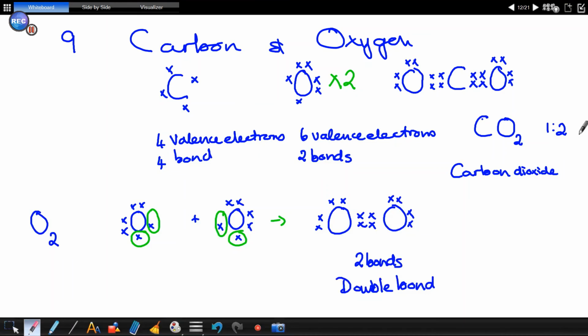Because you see, you can't learn the formulas of all the compounds off by heart. It's too much. So now I'm teaching you the skill. Carbon can form 4 bonds, oxygen can form 2 bonds, so I need 2 oxygens to join to the carbon. Right.